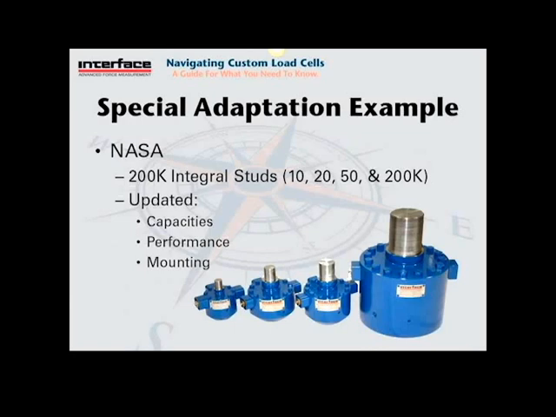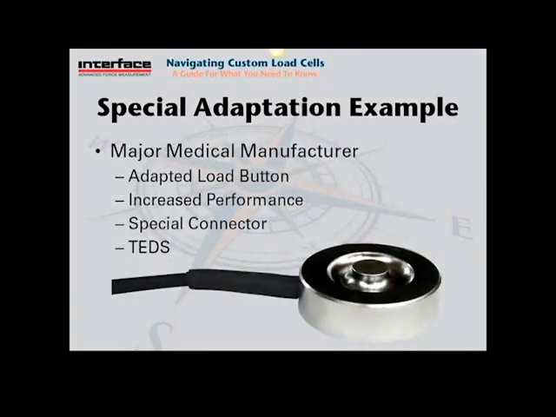They ranged in capacity from 10K up to 200K, which is there on the right. The integral studs were chosen to give them the best performance, as well as to satisfy the requirement for a male thread on the live end of the load cells. And now I'm going to pass it off to Jay to discuss another special application.